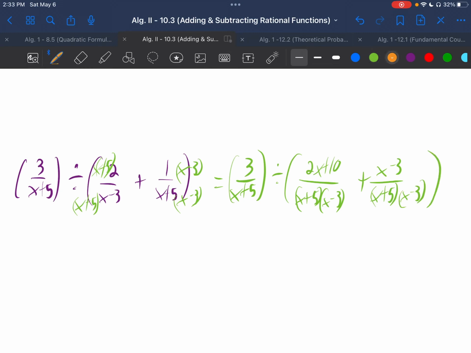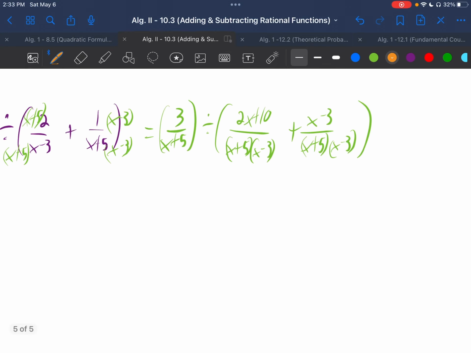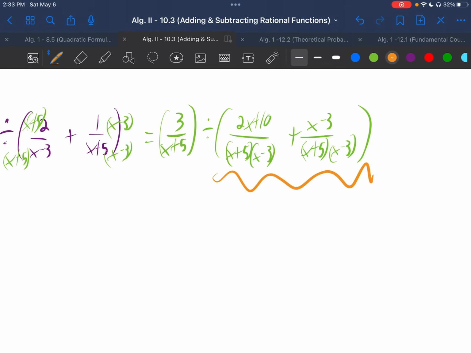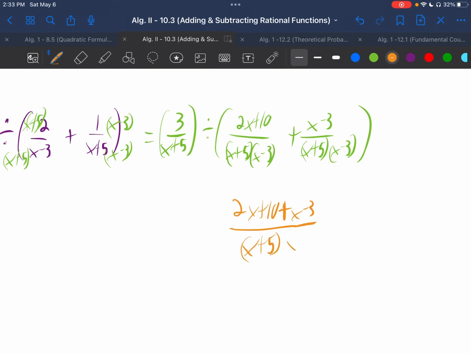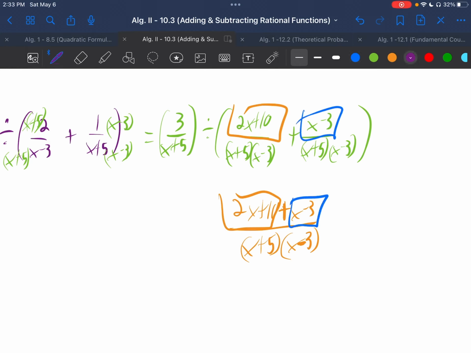Now, at this step, or instead of this step, you might want to write it a different way. You might benefit from writing just this portion like this. What this does is it puts both numerators over the same denominator, separated by that plus sign.